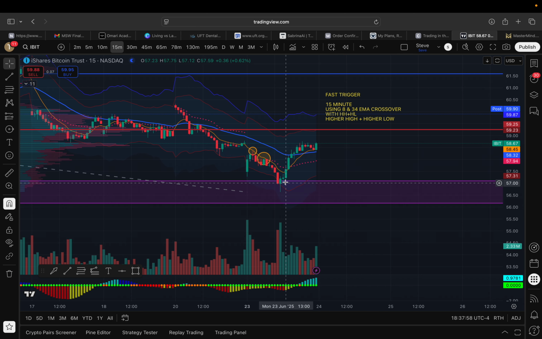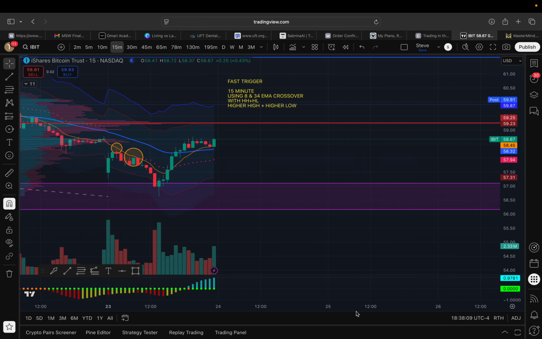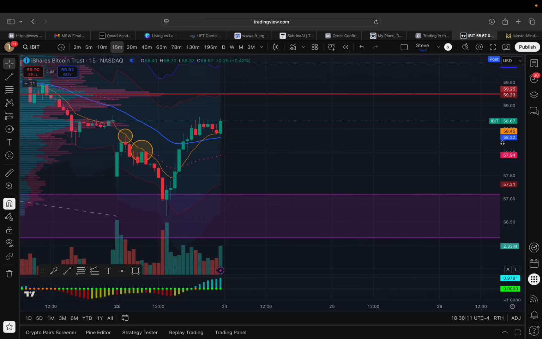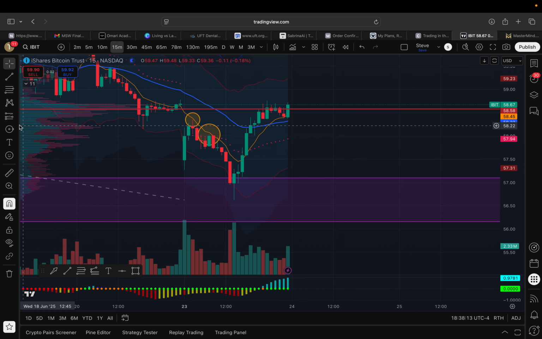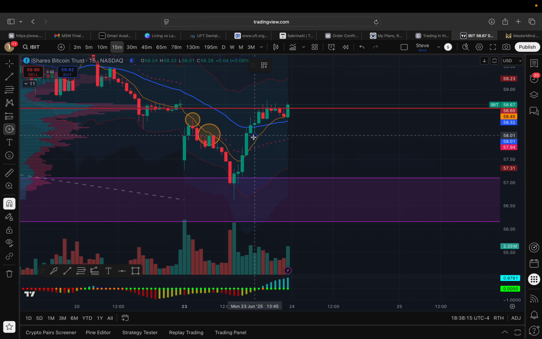The price broke over both of these levels, so it made a higher high. Then it has to make a higher low.